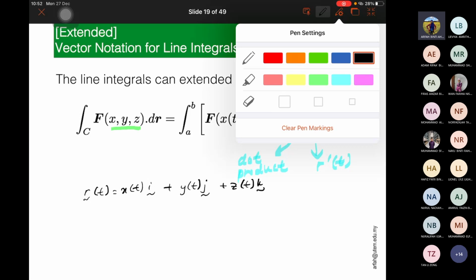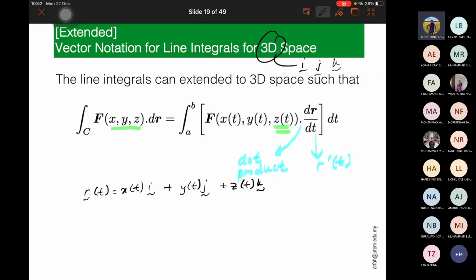So this time around vector r awak akan jadi 3 term. So r prime t, the first order derivative, equal to x prime t i plus y prime t j plus z prime of t k. Okay, that is the notation for the vector function.